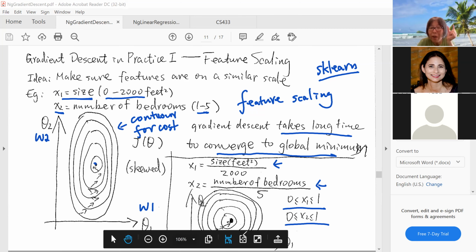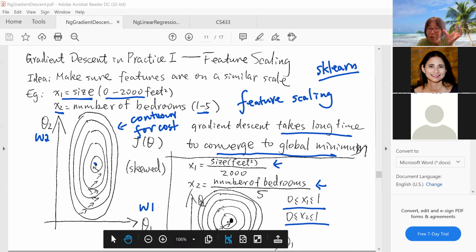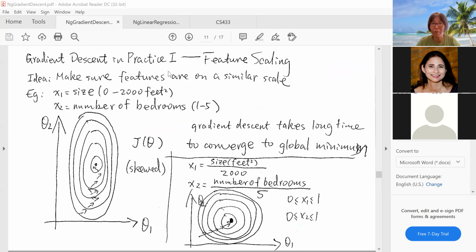Because they are pretty close in the same scaling range, when we draw the cost contour, it's not that skewed. So it can expedite the gradient descent convergence to the global minimum. That's why we do feature scaling.